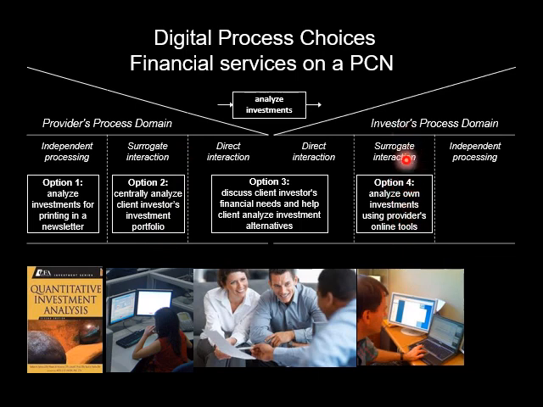So many apps are now designed in this space where the customer does surrogate interaction using the resources of the provider. And of course, what happens is all the information about the customer goes over here. And so this is fundamentally what big data and the data economy and the big tech companies are doing.